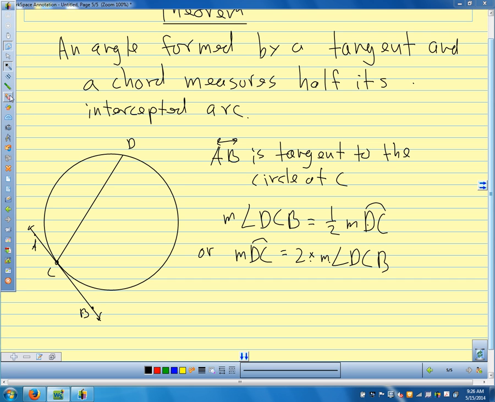So our angle here is angle DCB, and the intercepted arc is the arc all the way from the end of the angle all the way around to the tangent point.